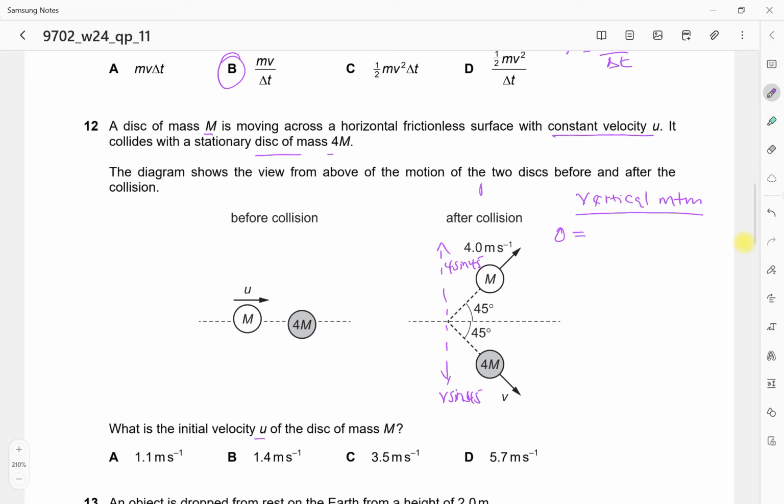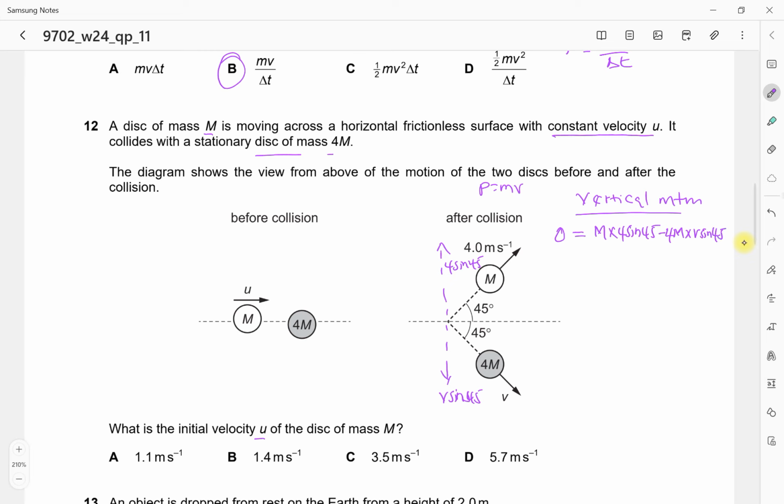So total momentum in the vertical, remember momentum is mass times velocity. One is upwards, so capital M times 4 sine of 45, plus the other one, which will be negative: minus 4m times v sine 45.